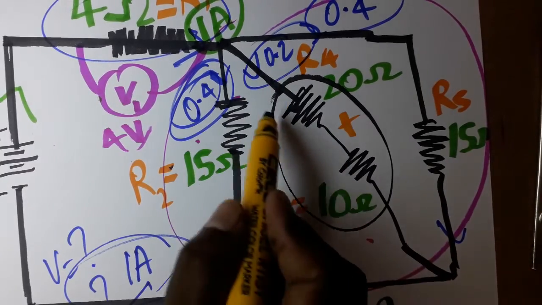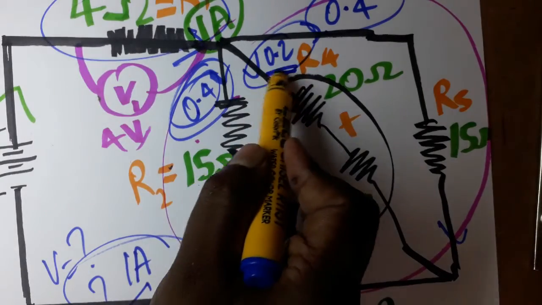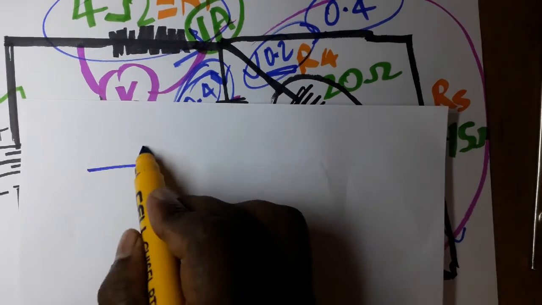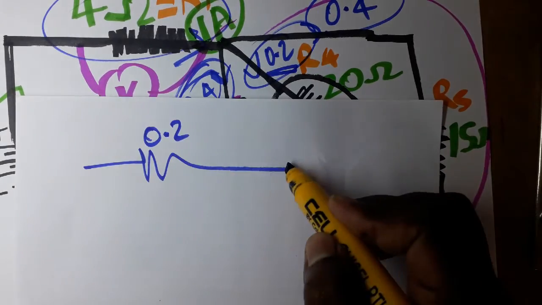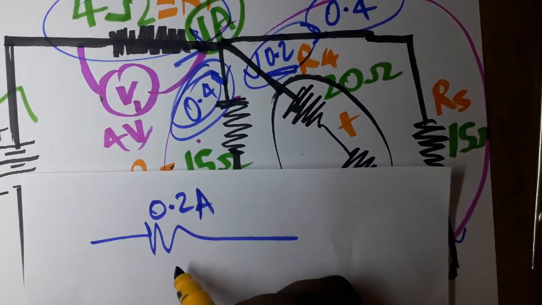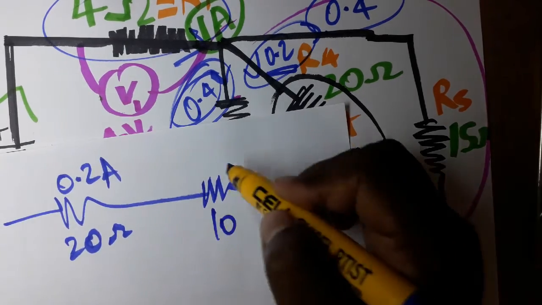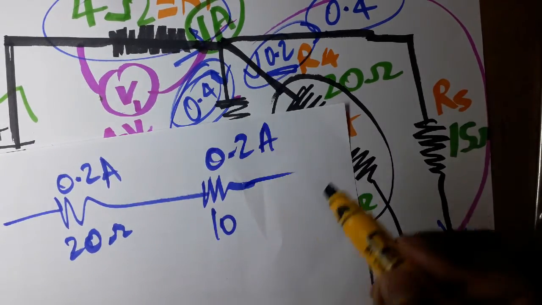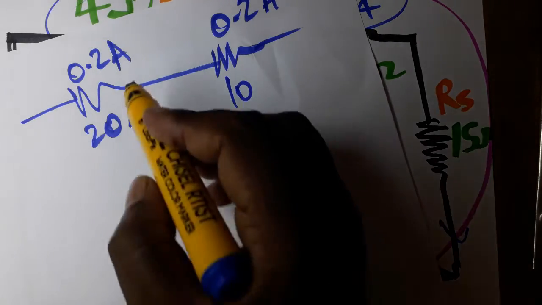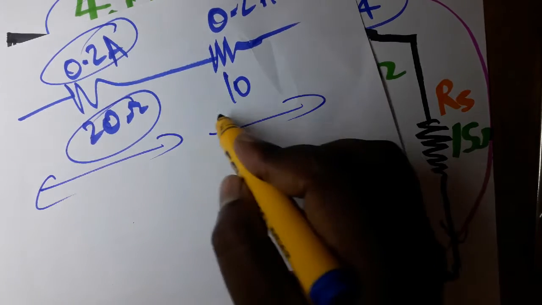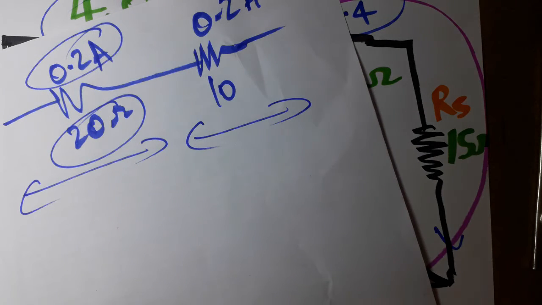Now in this circuit, 0.2 current is flowing. In series current is constant. So this is 0.2 ampere for 20 ohms, and here we have 10 ohms, it is 0.2 ampere because in series current is constant. Now we know the current, we know the resistance, we can easily find the voltage. V is equal to IR.